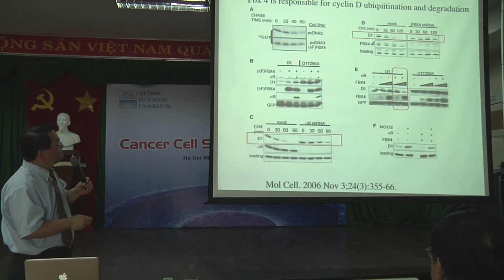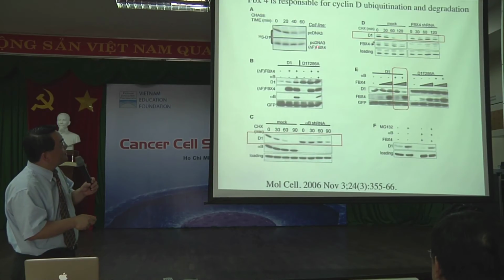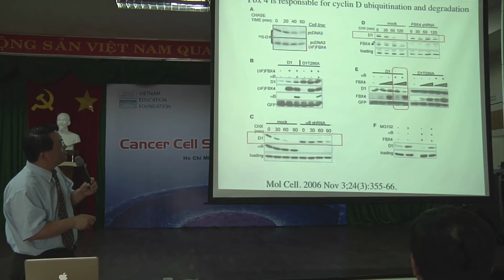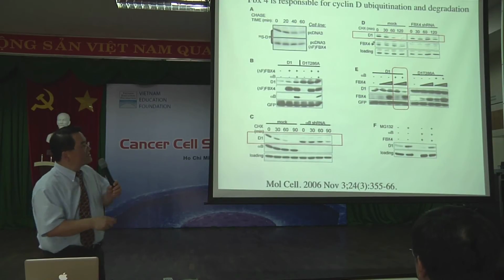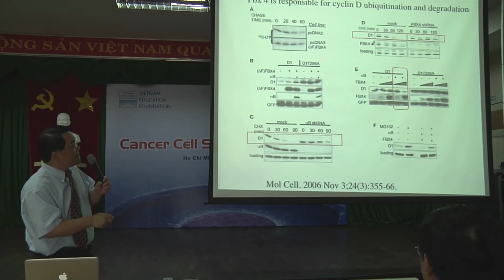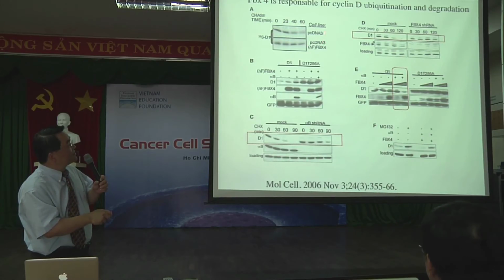Okay, and then if you transfect the cell line with this particular construct called delta F-FBOX4, this is a dominant negative form of F-FBOX4, because the F-FBOX4 is already present in this cell line.